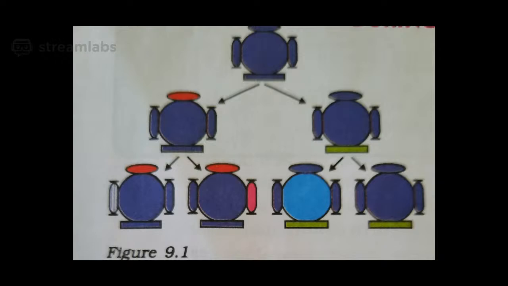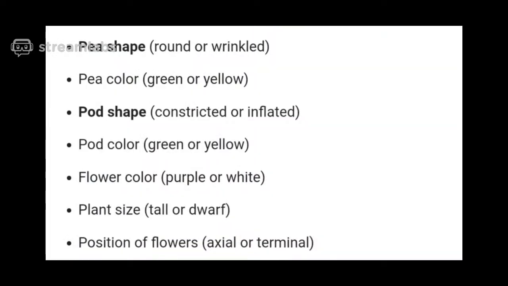Gregor John Mendel selected the pea plant for his research work. Why did he select the pea plant? Because of 7 contrasting characters. What are the 7 contrasting characters? Pea shape, either round or wrinkled. Pea seed color, green or yellow.